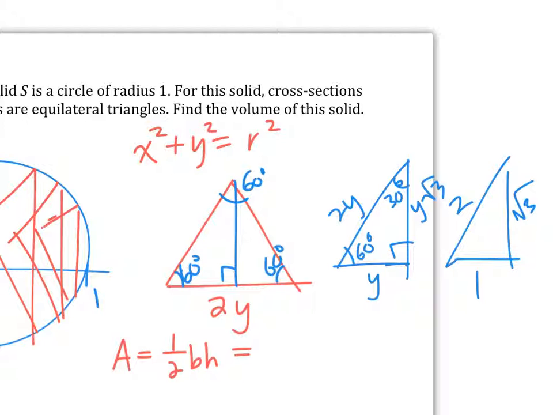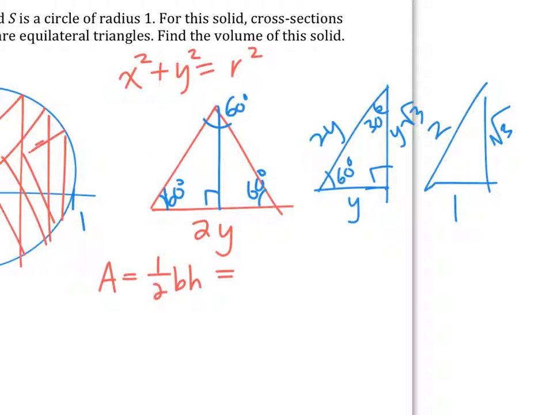Okay, so from now on, just memorize it. It's square root 3 times half of your base. Because equilateral triangles come up a lot, and you don't want to keep going back to this. Okay, so 1/2 base times height.